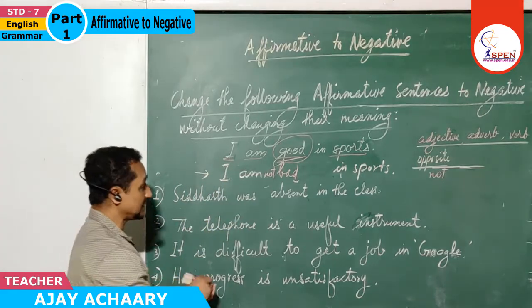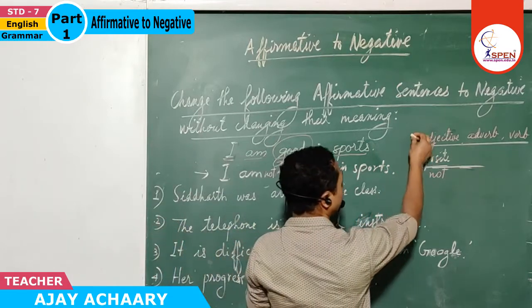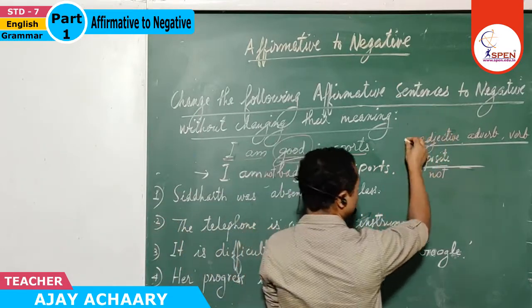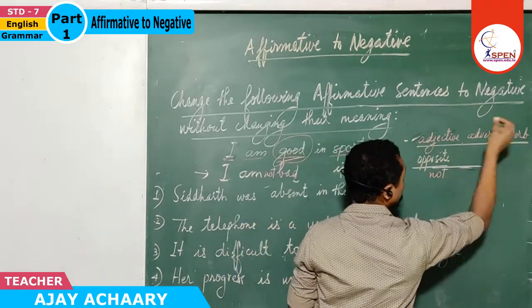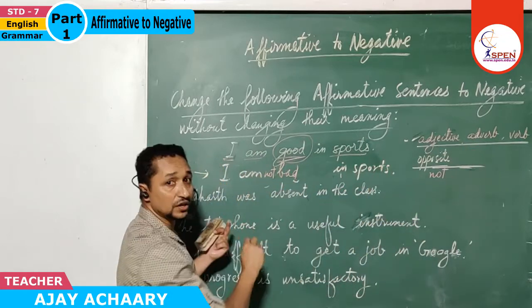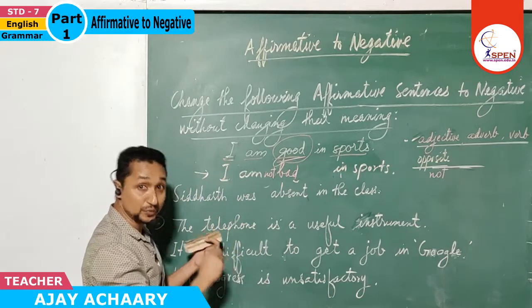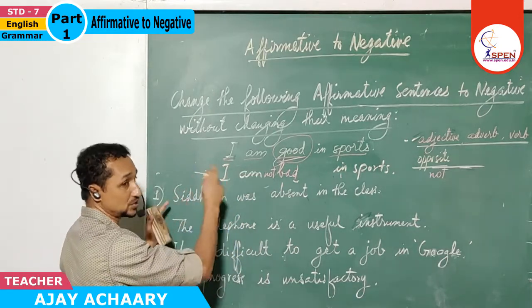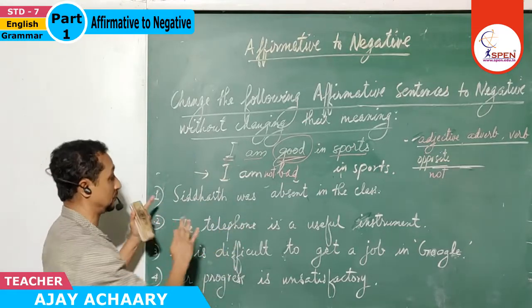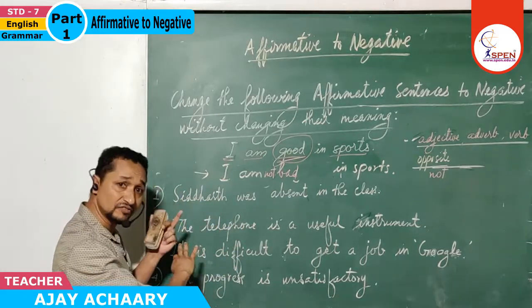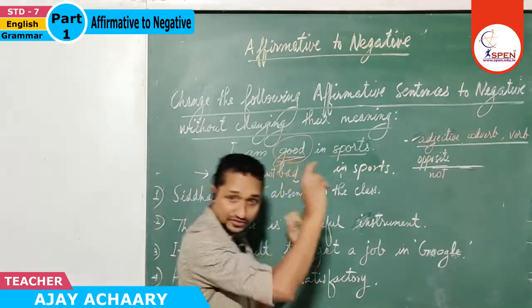See, in this topic we need to keep in mind that the word we look for should be an adjective, adverb or verb. These are the only words whose opposites we can find. We cannot find the opposite of a noun, because if we find the opposite of a noun, the whole concept and context will be totally changed. So we are not going to select the opposite of nouns.